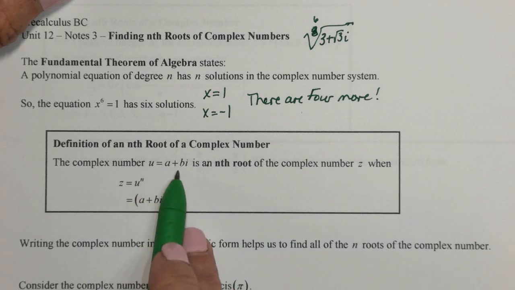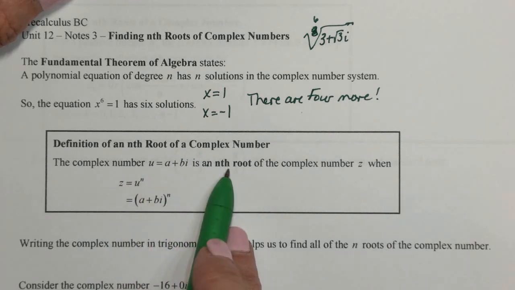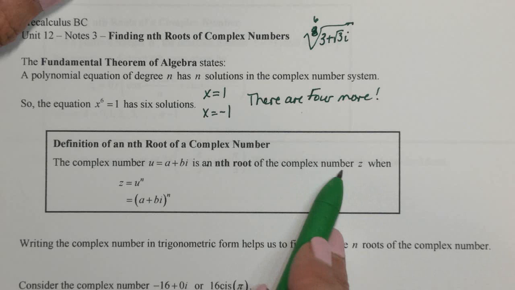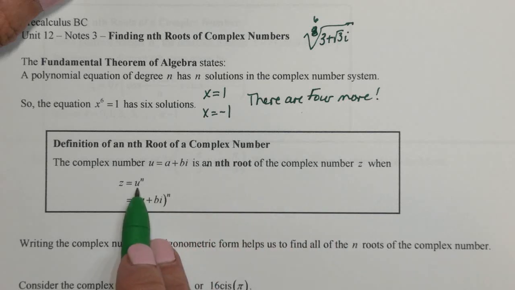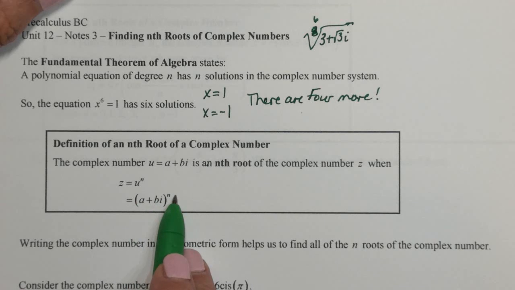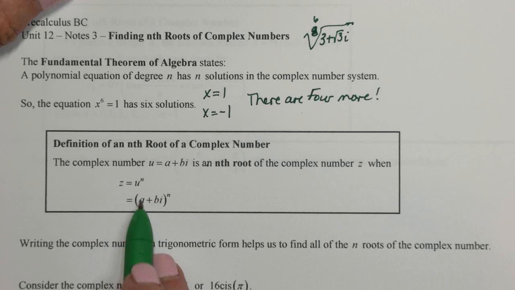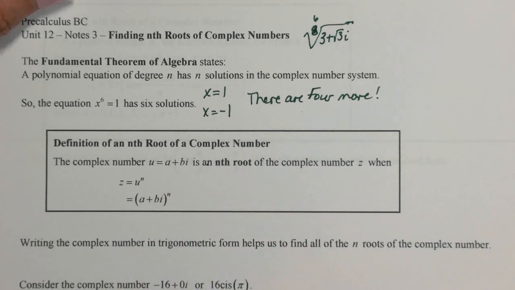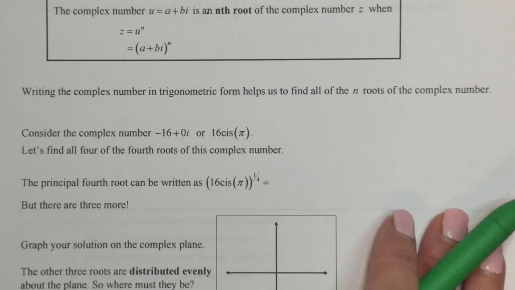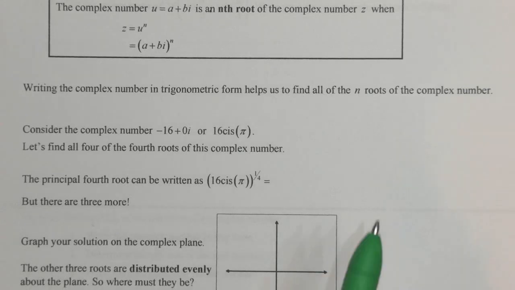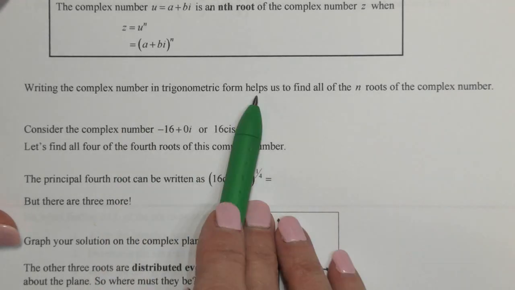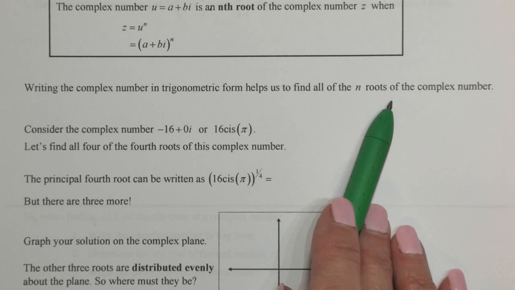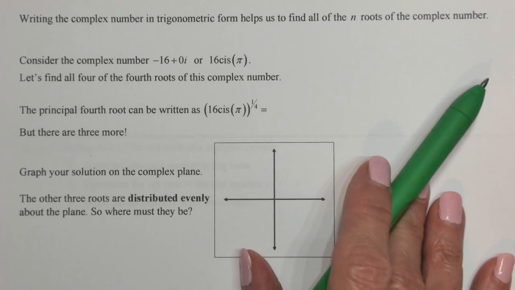The complex number a plus bi is an nth root of a complex number z when, if you raise a plus bi to the n power, you get z to the n. Writing a complex number in trig form helps us to find all of the n roots of a complex number.